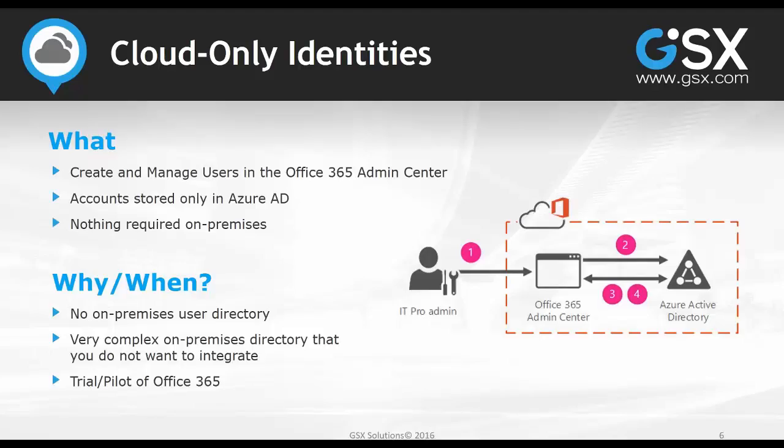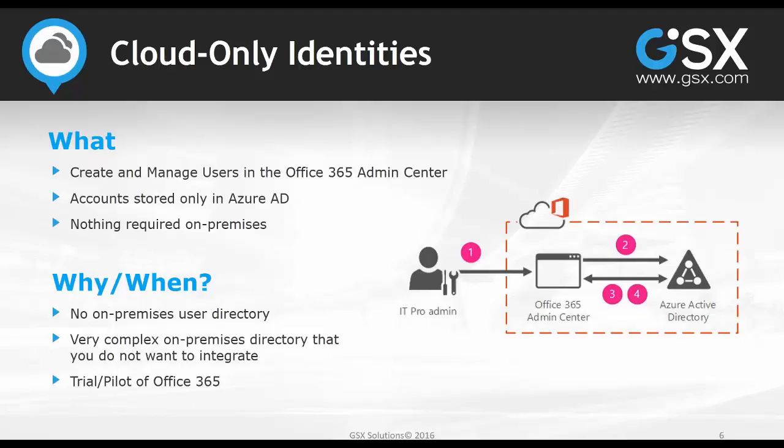Why and when would you use it? If you're probably a new or a small organization and you have no on-premise user directory, which is kind of not very common. There's usually an Active Directory or other directory on-premise. The other option would be if you have something very complex on-premise, like a very complex setup for directories that you do not want to integrate within Office 365.